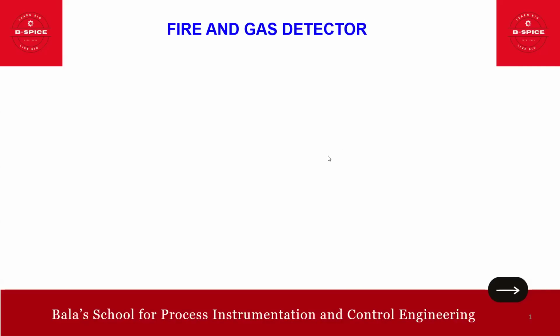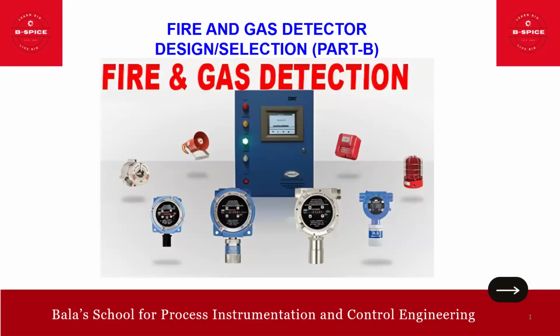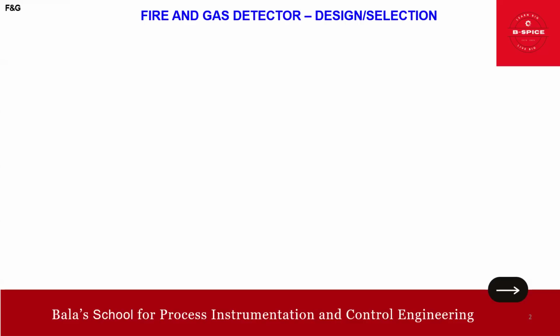In this session, we'll continue our talks on fire and gas detection, design and selection. And in part B, we'll focus on toxic gas detector selection. So, hope you have watched my previous session on fire and gas design and selection, wherein we focused predominantly on flammable gas detectors.